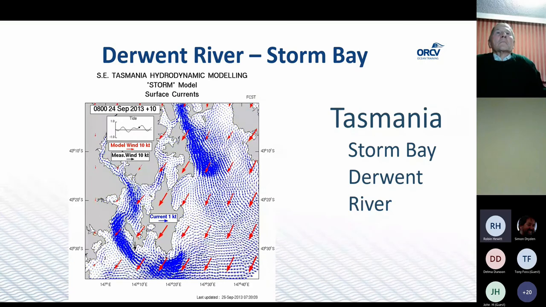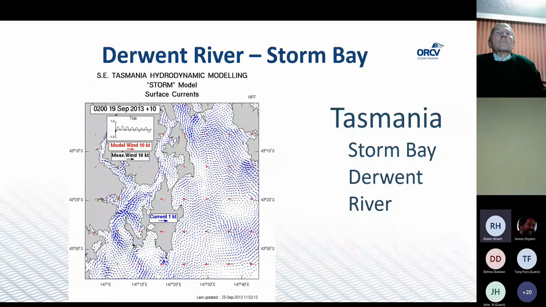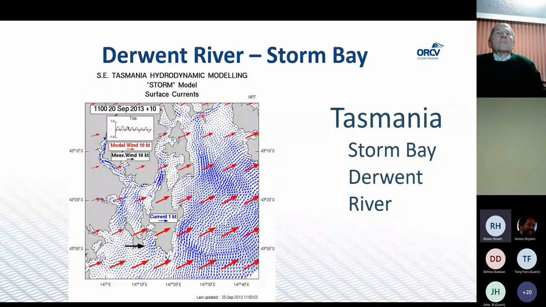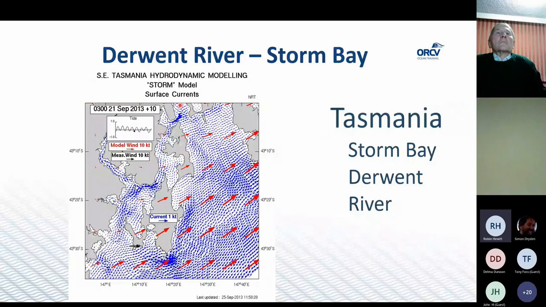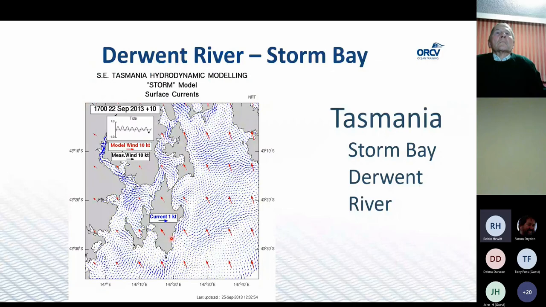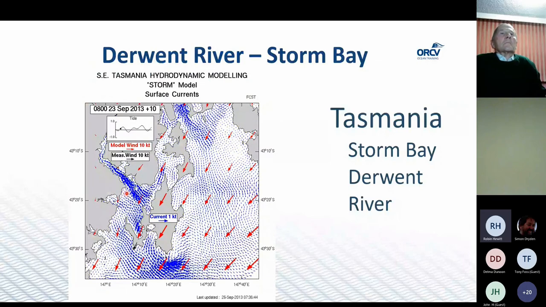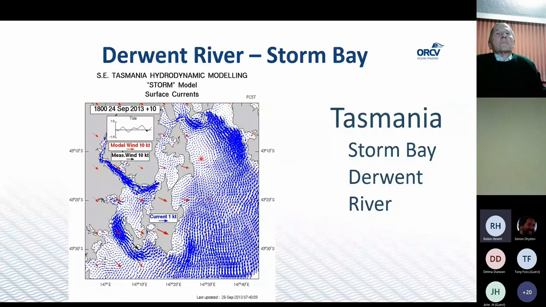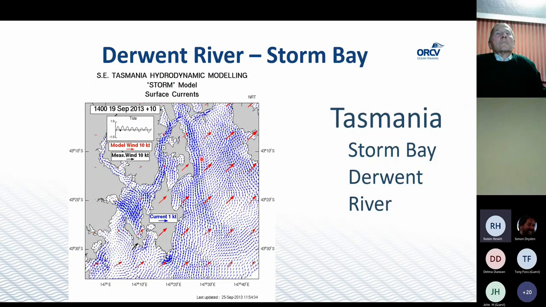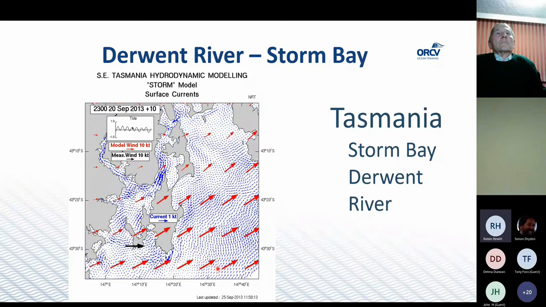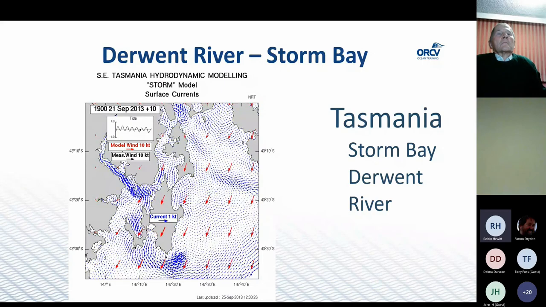It's showing a typical flow as the tide changes and the water comes out of the river. Got a better diagram somewhere there. But you see this rush of water that comes out is approximately 1 hour after low tide. And I think that would be pretty general in a lot of those situations.